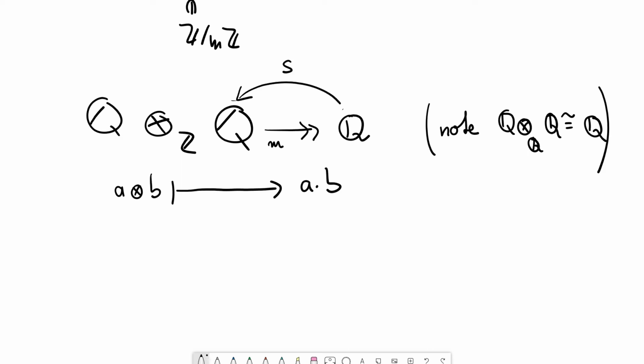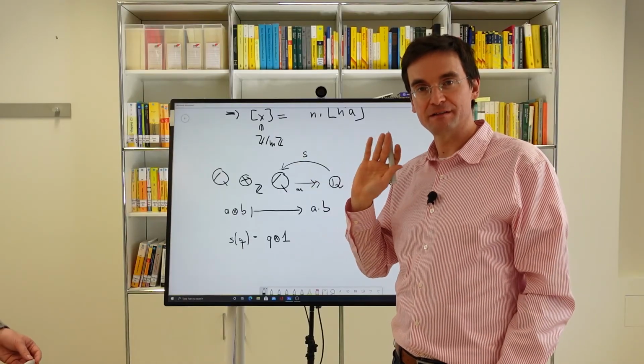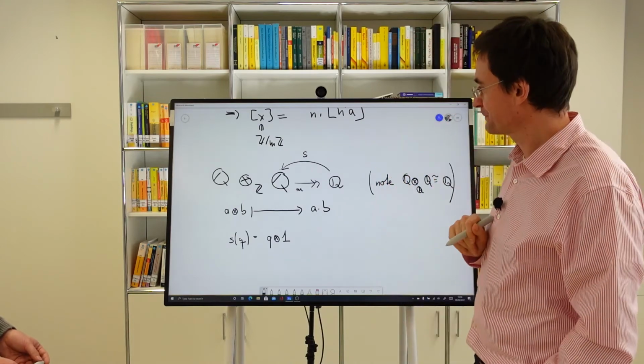There is a map S, and S maps Q to Q tensor 1. So that's also certainly a well-defined map. And again, we regard everything as C modules. So for our purposes, these are all maps of C modules now.